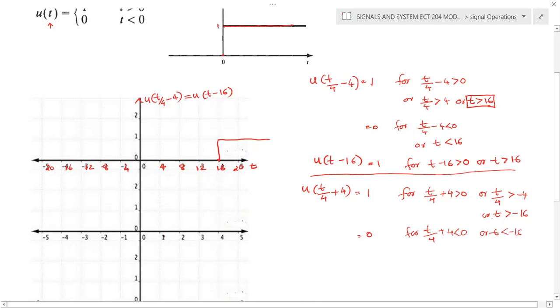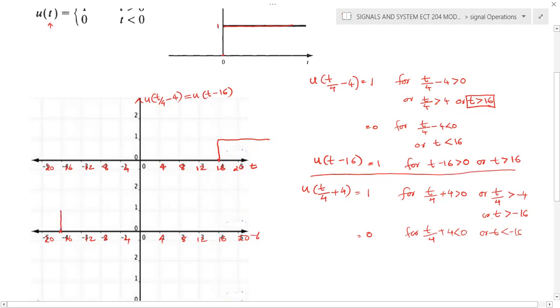So if the values are 4, 8, 12, 16, 20, here it is minus 4, minus 8, minus 12, minus 16, and minus 20. Here you can see that the function magnitude is 1 when t is greater than minus 16. So this is the point minus 16. When the t value is greater than minus 16, meaning minus 12, minus 8, etc., so towards the right.